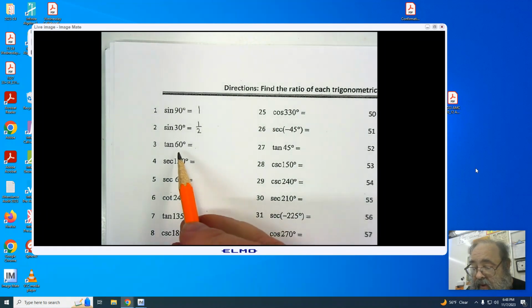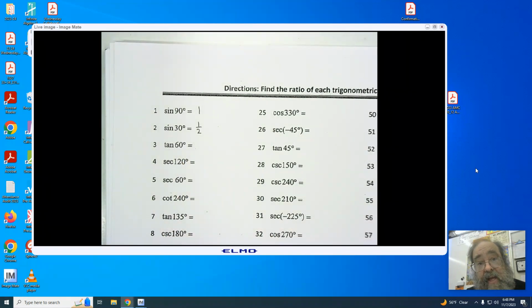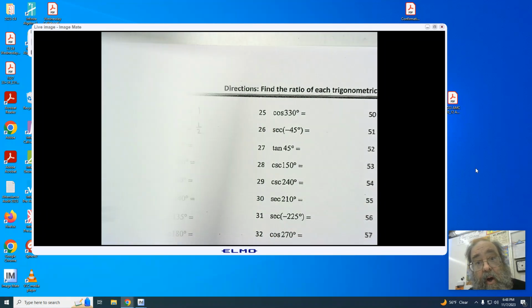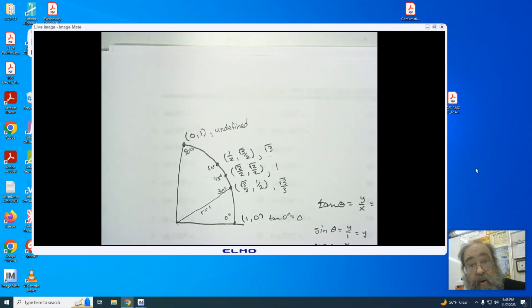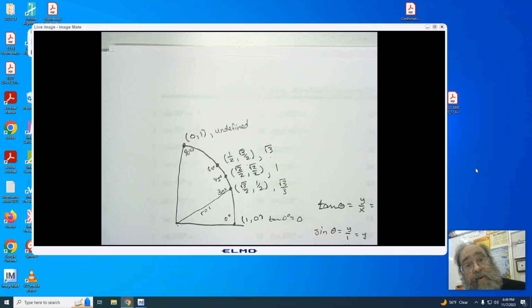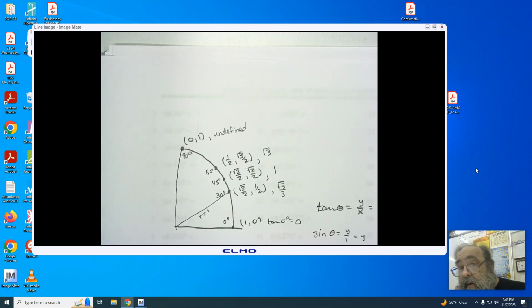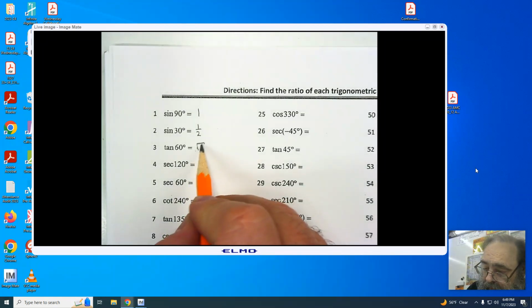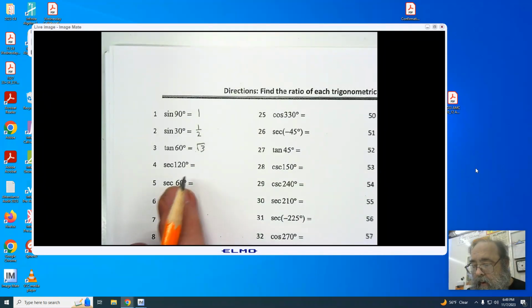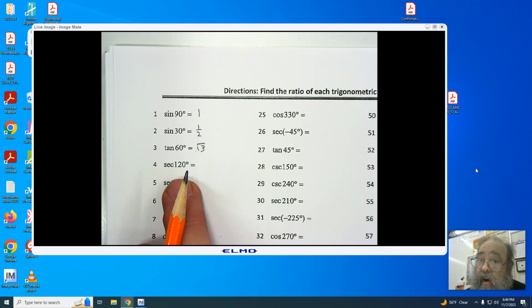Then we take the tangent of 60 degrees. The tangent of 60 degrees in the first quadrant works with the 1/2 and root 3 over 2, and we would have root 3 over 2 divided by 1/2, which gives us root 3. That's what we've already found. So our answer is root 3. 120 degrees. 120 degrees is greater than 90 but less than 180.